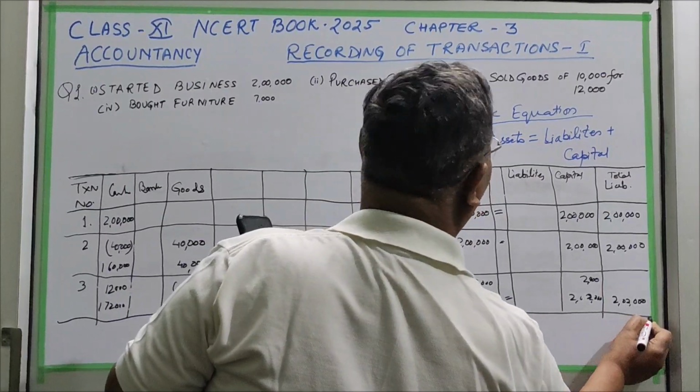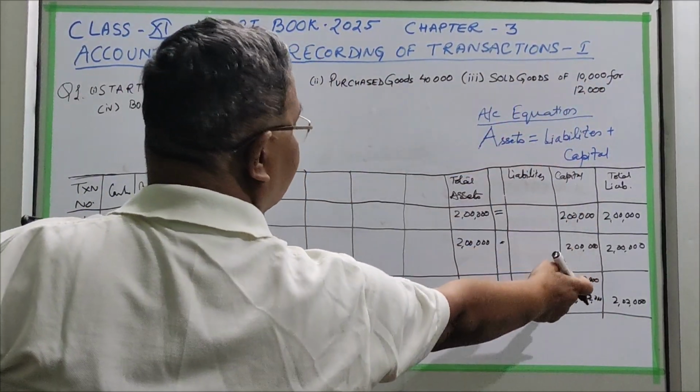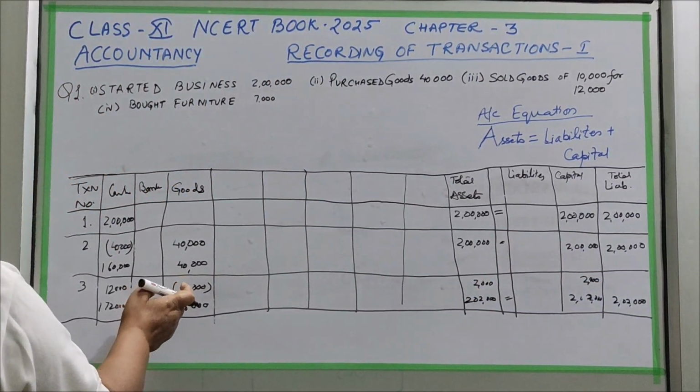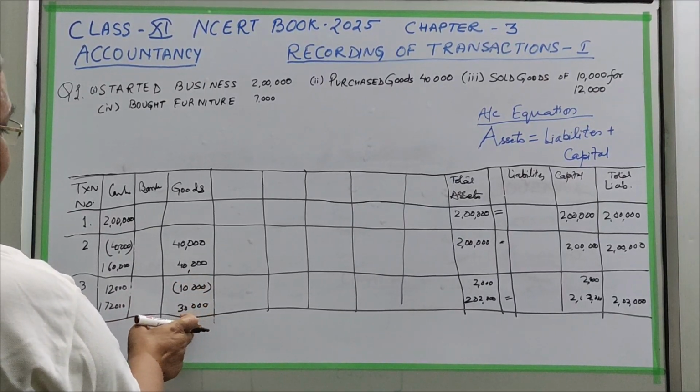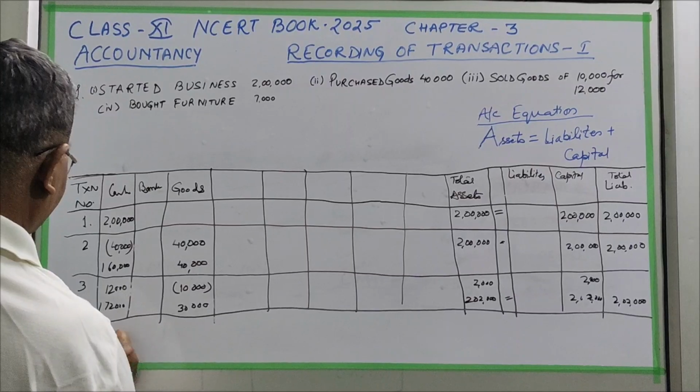Now entry number 4 is coming. So here profit will increase because you have earned 2,000 profit, it will increase your capital, and the goods, 10,000 rupees is its original cost, so 10,000 will reduce and the remaining goods 30,000 will remain. Now you have purchased furniture.